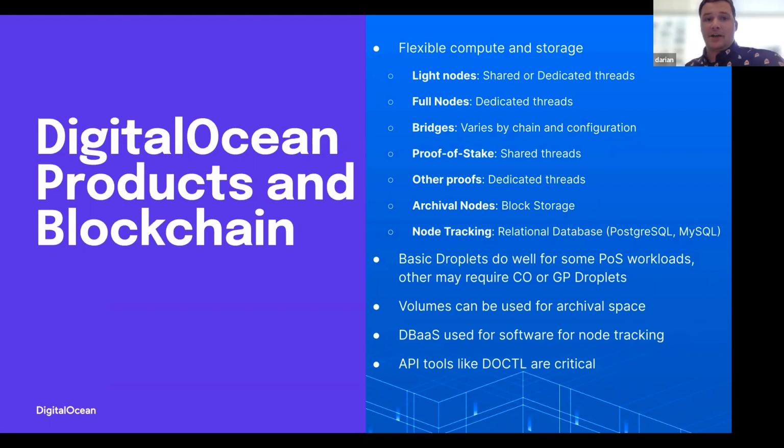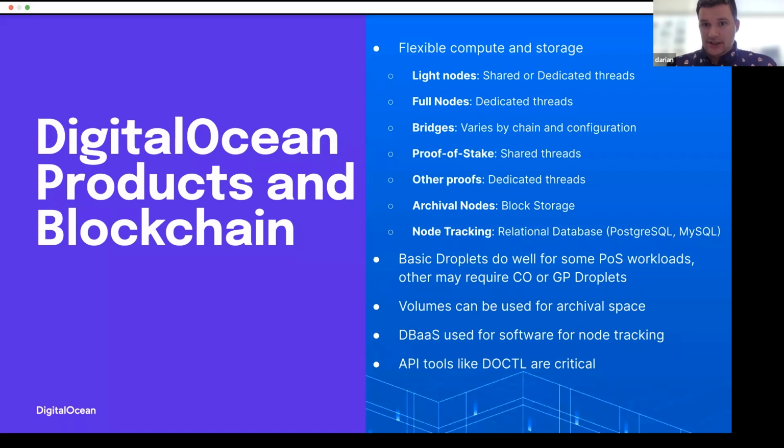So when we talk about light nodes up at the top, those are the nodes that don't have the full blockchain, that aren't doing the entire blockchain workload. Those can be on shared or dedicated threads, right? So we recommend dedicated because with shared threads, you could get that CPU steal we talked about earlier, but it absolutely is possible to run a light node on a shared thread.